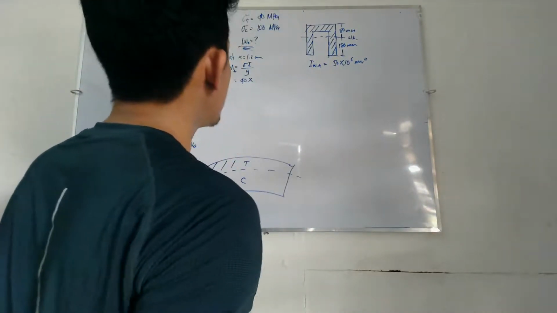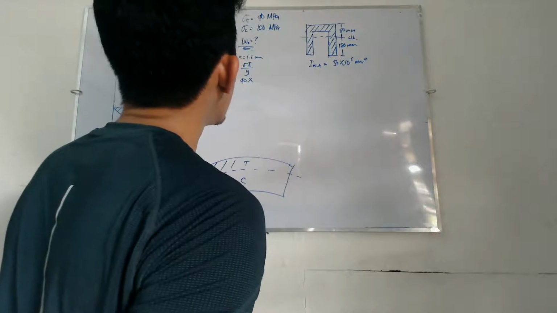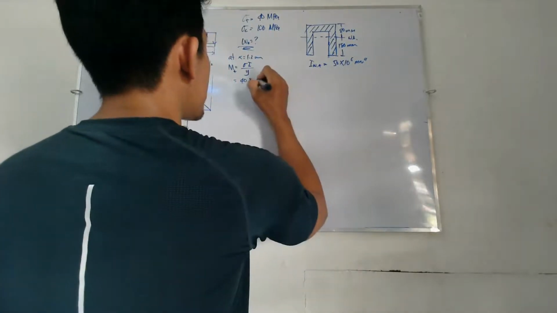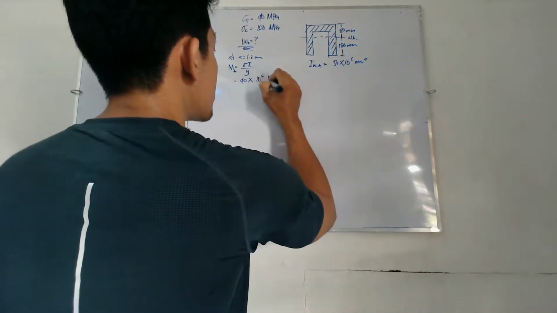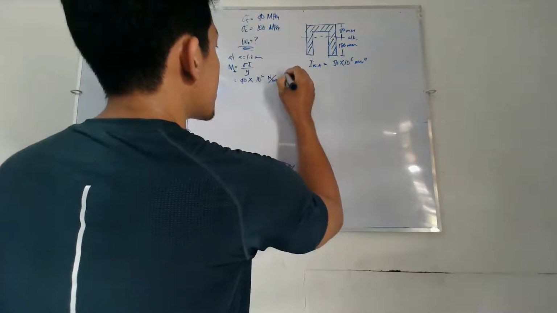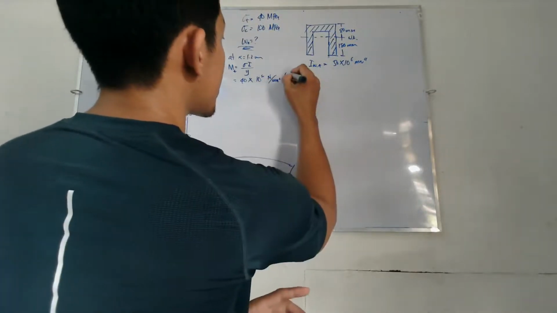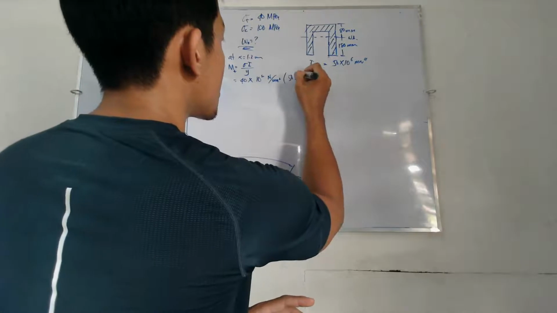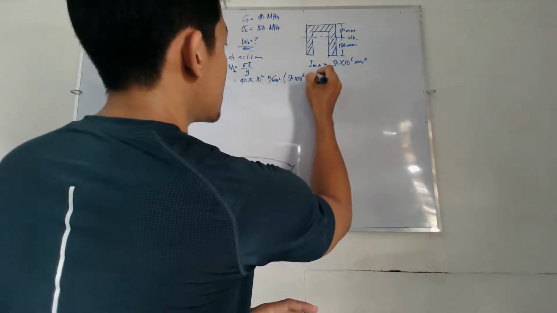Newton mm. Padayon ta. 40 Newton per mm squared times I, mm to the 4th.